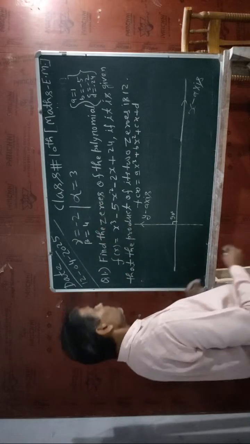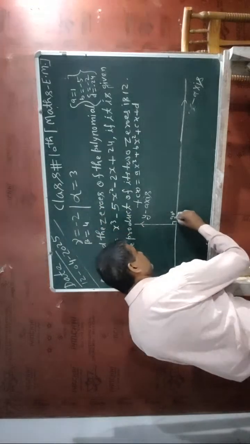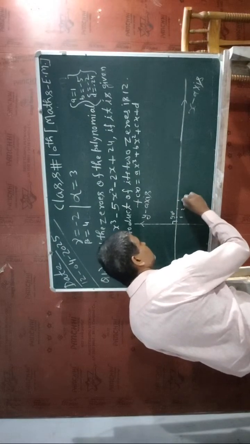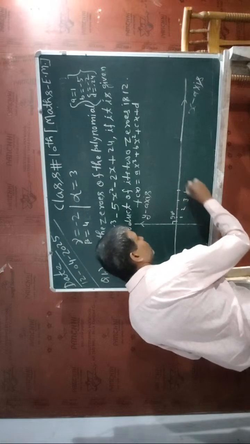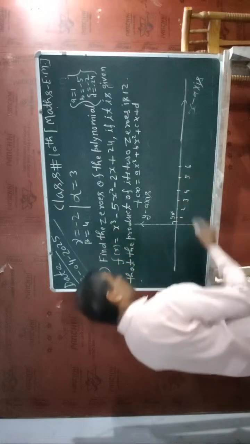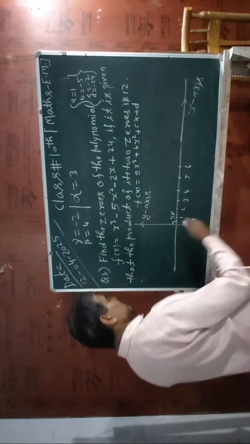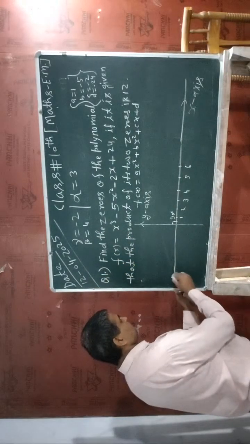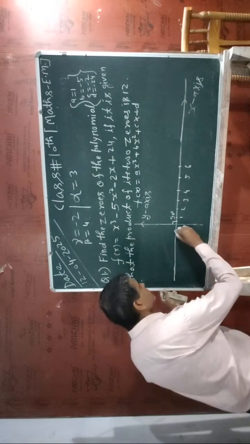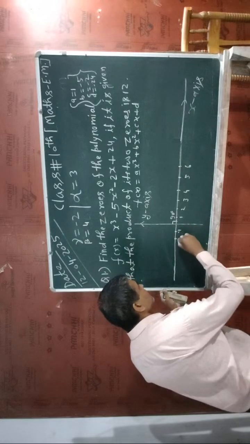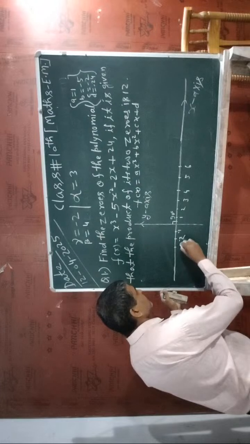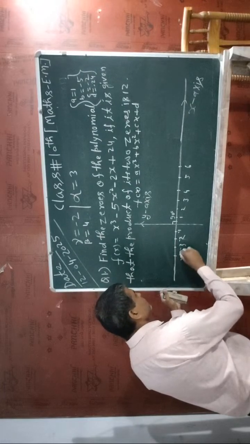Now alpha is 3. It means I will consider here 1, 2, 3, 4, 5, 6, and so on. This is the positive x-axis, and I will go to the negative x-axis, so I will consider minus 1, minus 2, minus 3, minus 4, and so on.